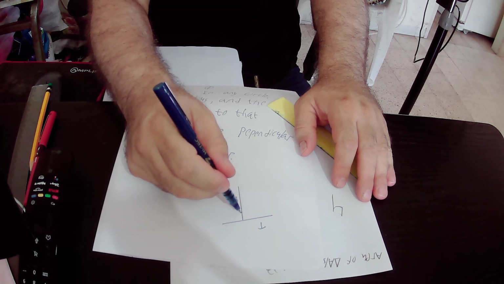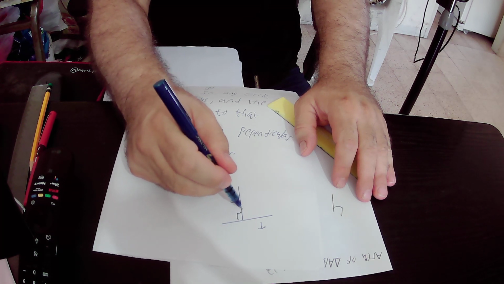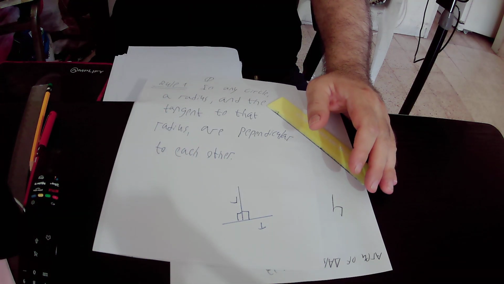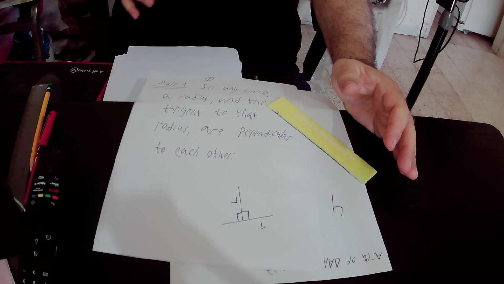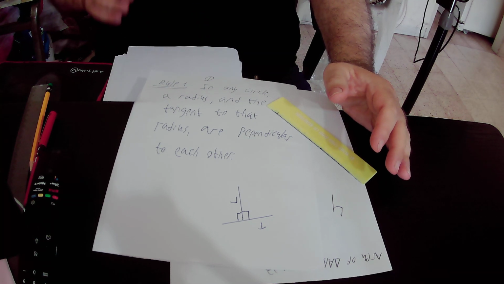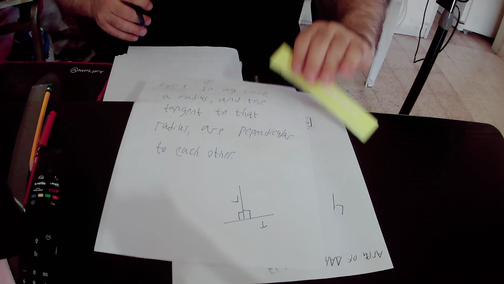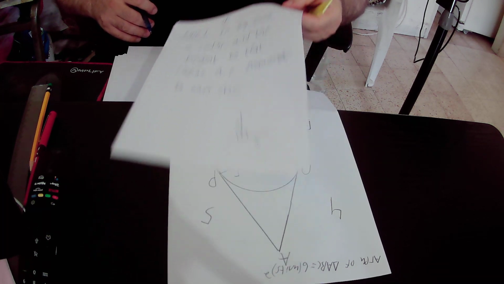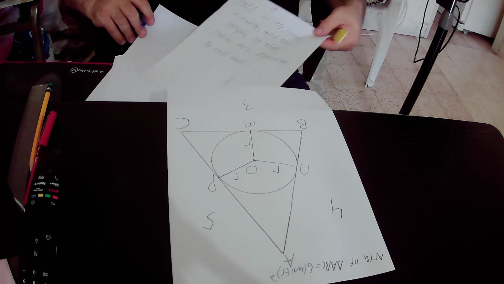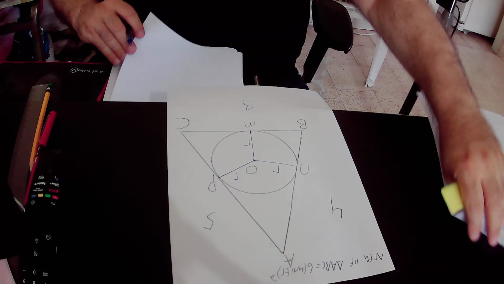That is to say, this angle is 90 degrees and this angle also equals 90 degrees. So in any circle, a radius is perpendicular to its tangent.